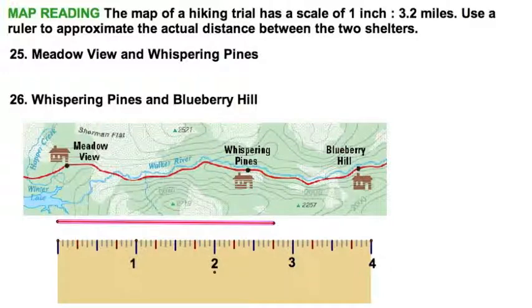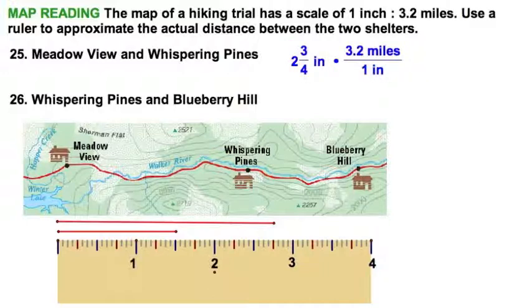Interesting. Now, I trace the string from Whispering Pines to Blueberry Hill. Then I stretch it out next to my ruler, and I got about 1.5 inches. So those are the two measures. Now let's see if we can put them into miles. I'm going to start by just showing a product here.